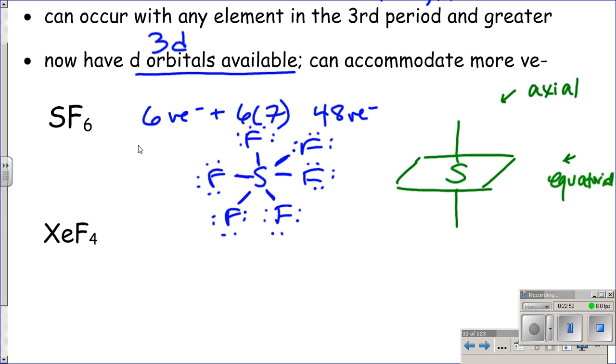So fluorines in this case are taking all positions here. There's one up top and down low, so there's 2 fluorine ligands on the axial axis, and then we have one fluorine here, here, here, and here on the equatorial region. So this is actually going to take the shape of 2 pyramids butted up against each other, but we call that octahedral because there's 8 faces on both of those pyramids, because they've got a square base.